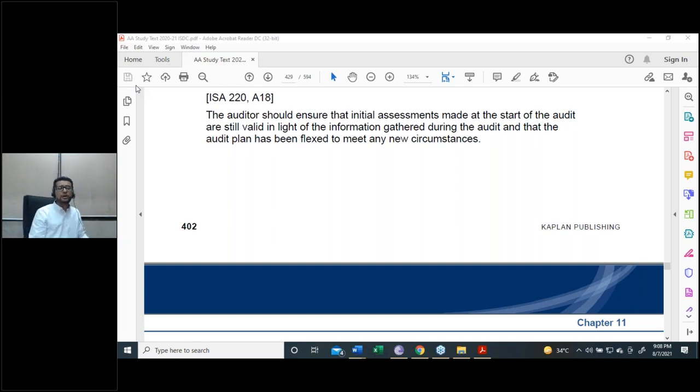At the end of the audit, all those unadjusted immaterial misstatements, I will aggregate them. And if the aggregate is material, I will ask the management, you've got to adjust half of them, 30%, 20%, 60%. Make sure this aggregate is not material anymore.